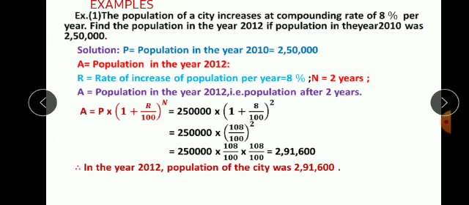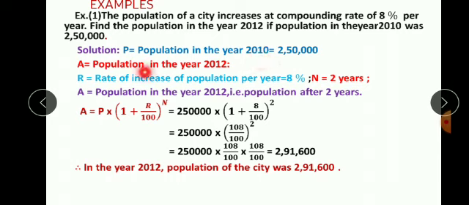Then, let us see some examples based on this topic. Example 1. The population of a city increases at a compounding rate of 8% per year. Find the population in the year 2012 if the population in the year 2010 was 2,50,000. So P is given, the population in the year 2010, 2,50,000, and A is what?